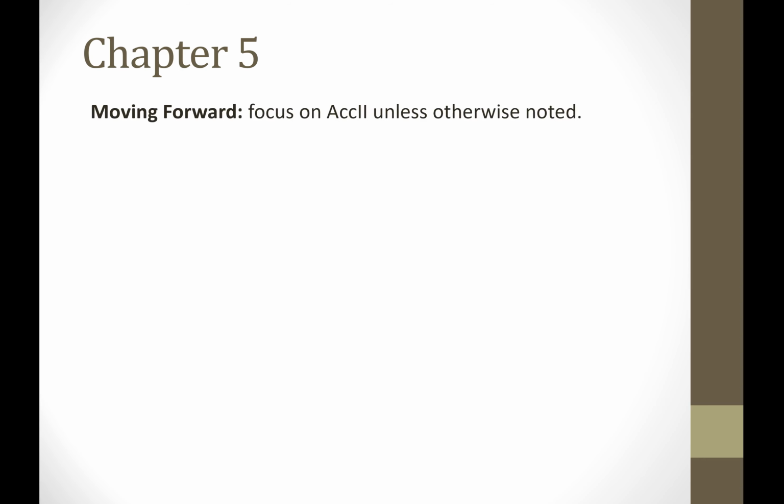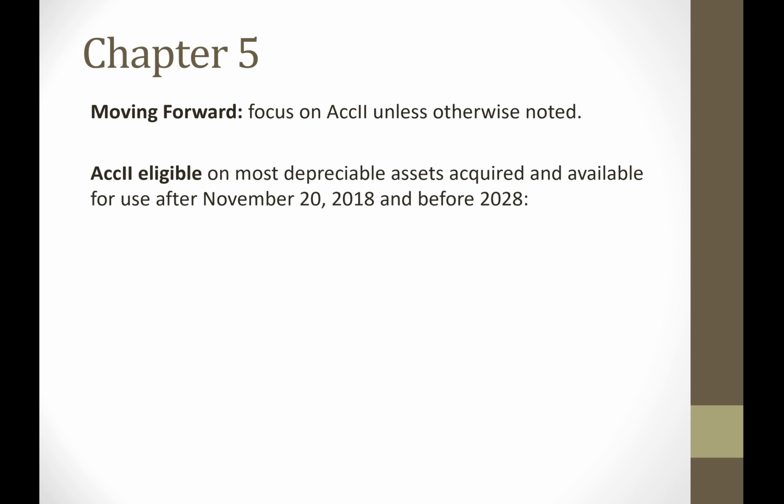Moving on to the next slide, we're going to just focus on the accelerated investment incentive for the rest of this online lecture unless otherwise noted. Now, a couple of things about the accelerated investment incentive. It's eligible for most depreciable assets acquired and made available for use after November 20th, 2018, and also before 2028.